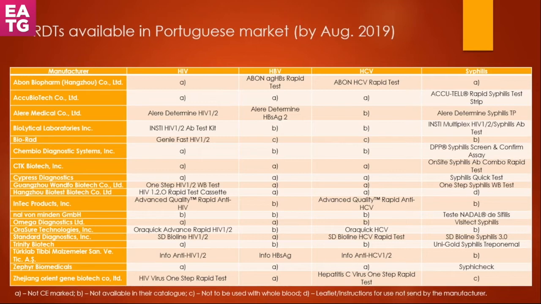When you see the letter C, it means that the rapid test does not allow the use of whole blood. It means only plasma and serum, so we cannot use them with community health workers using finger prick. And D means that the instructions of use or leaflets were not sent to the manufacturer for assessment, so they were excluded from these assessments.